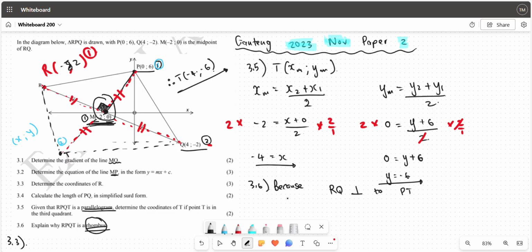Yeah, that's what makes it a rhombus, the fact that it's perpendicular there. And a square also does that, but yeah, rhombus is one of those shapes that make a 90-degree angle there where the diagonals bisect each other.